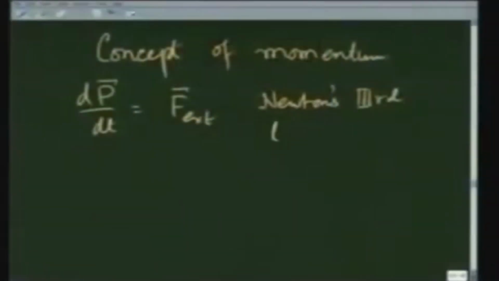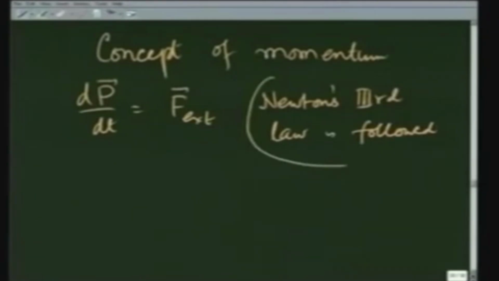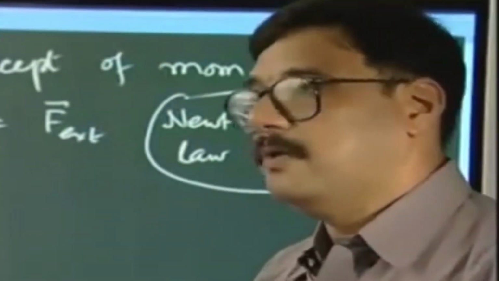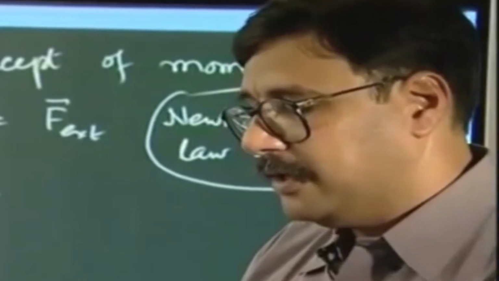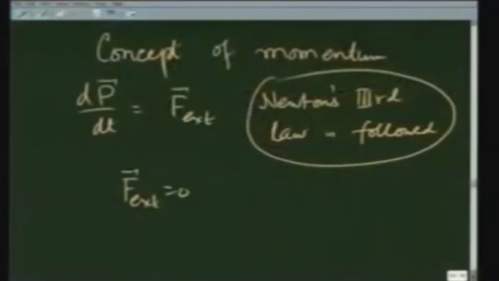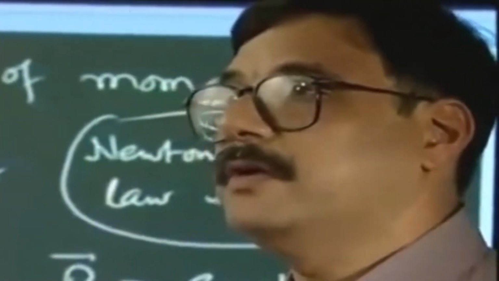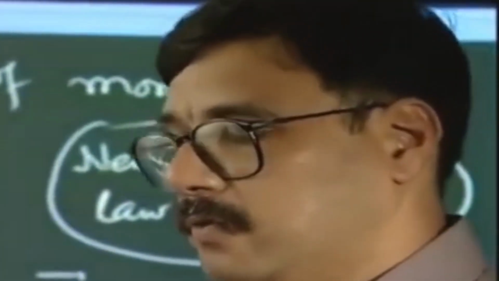The only requirement is that Newton's third law is followed. This is a requirement. There are examples where it is not followed, and I will let you think about it. Third, we saw therefore that if F external is 0, the total momentum is a constant, and that helps in solving problems, as we will see in the coming few lectures.